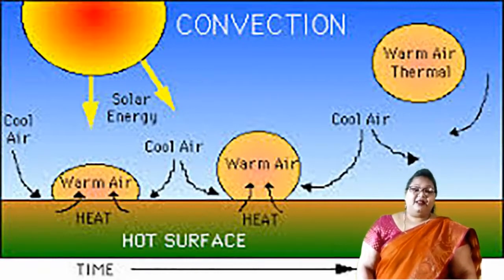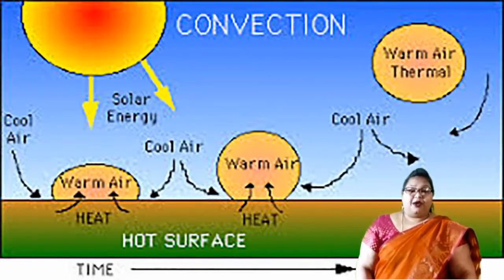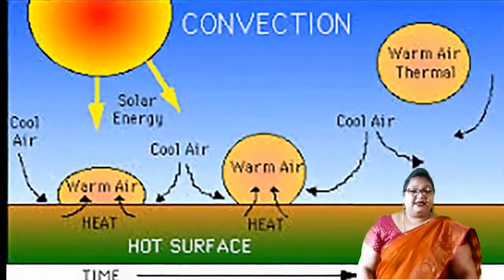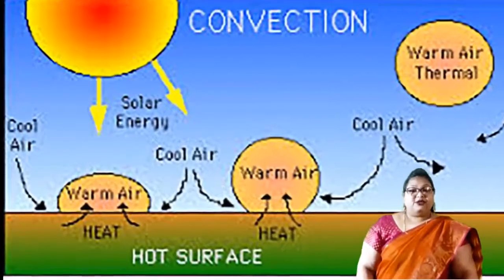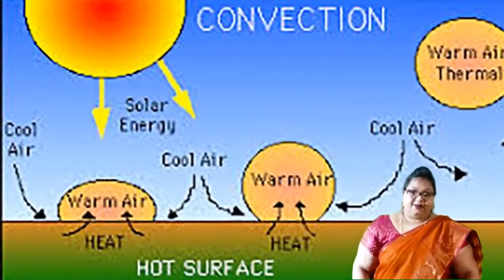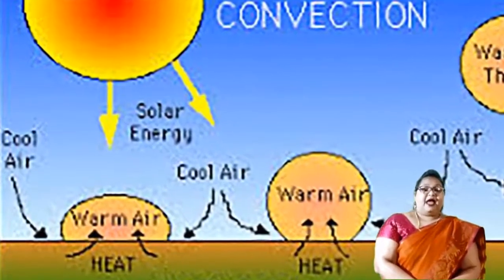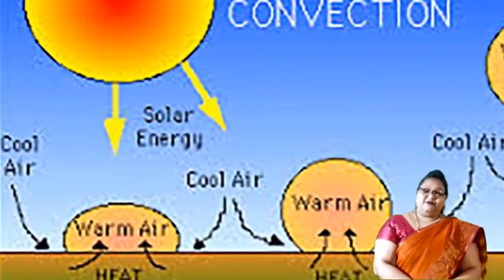At a higher level, the rising air spreads horizontally, gets cooled and sinks again. As it comes down, it spreads, gets heated and ascends again. So it is an ongoing process. Thus, several circulations in the air are maintained due to the process of convection.